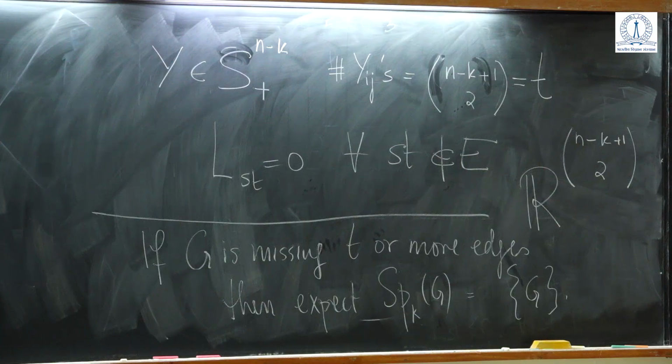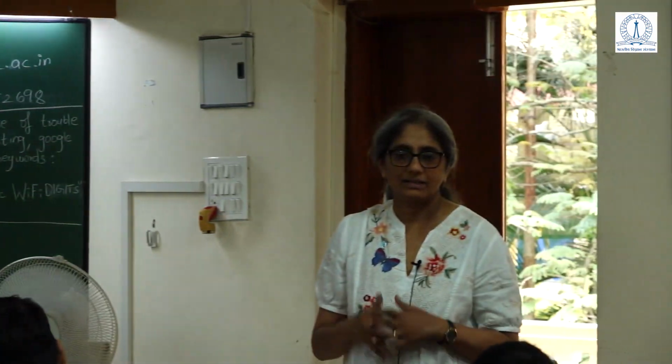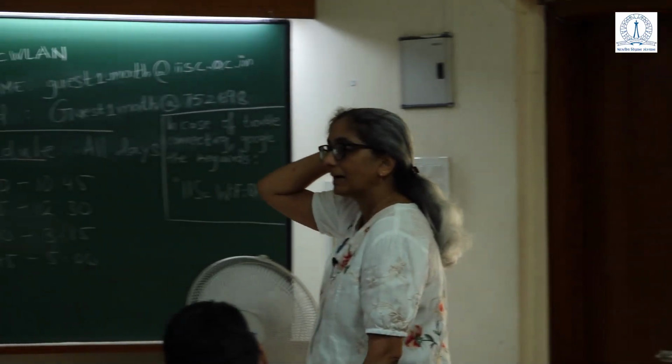So generate a random graph in Mathematica. There's a command, and then run this whole thing that we just did, and you'll see that if it's missing exactly T edges, where T is the number of variables in the symmetric matrix, then you will stop sparsifying. So that's what the last 2 exercises are about.